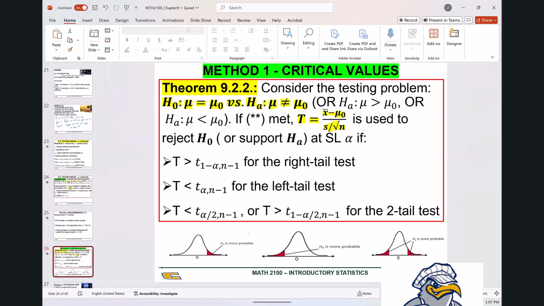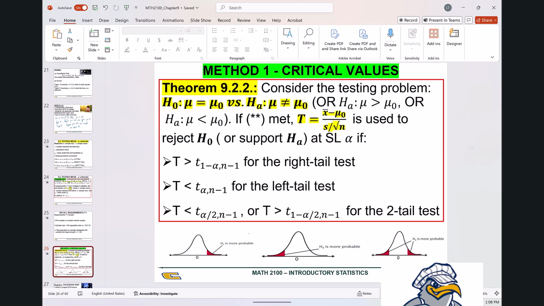For the left tail test, the way you reject H naught is that T is less than T alpha, n minus 1. And for a two-tail test, it will be either T less than T alpha by 2, n minus 1, or T greater than T 1 minus alpha by 2, n minus 1.